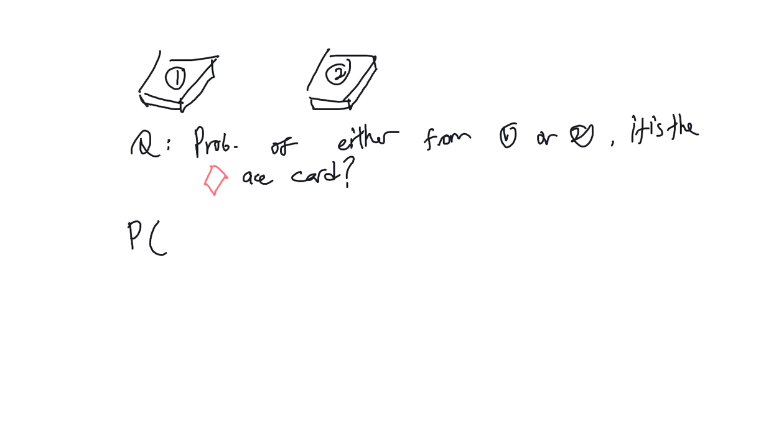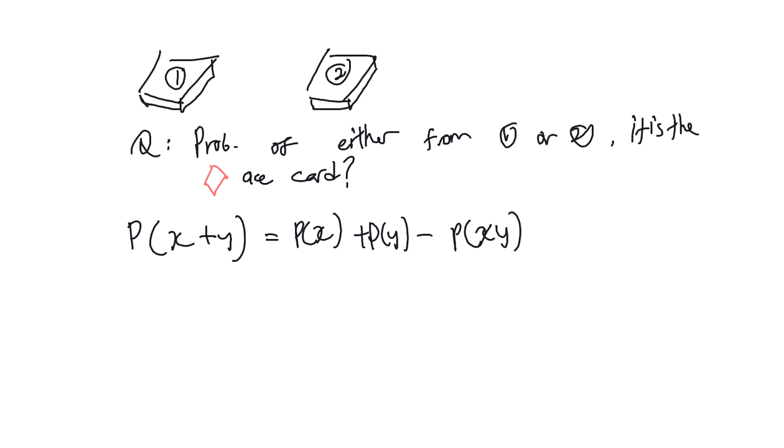So that is probability of X plus Y, right? And we have seen previously it is the probability of X plus the probability of Y minus the probability of X and Y, and we have seen just now X and Y are independent events.